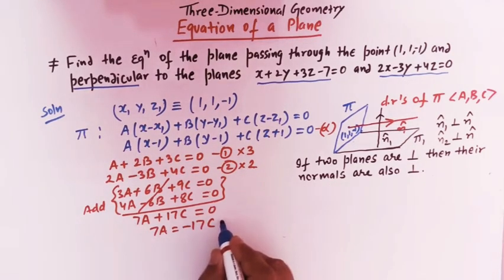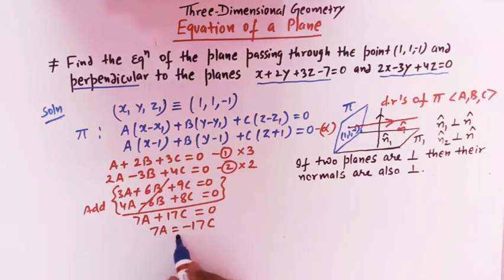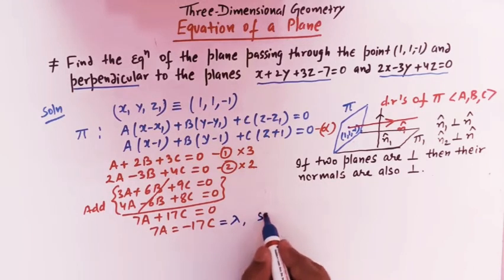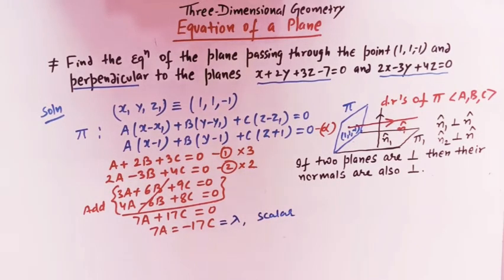Now we can take 7a is equal to minus 17c is equal to lambda, where lambda is some scalar, right? So now from here we have 7a is equal to lambda and minus 17c is equal to lambda.